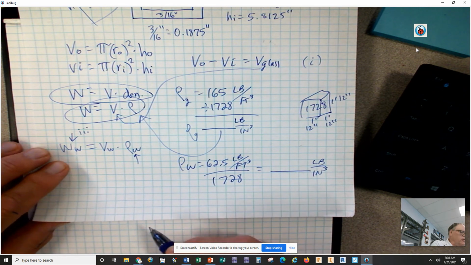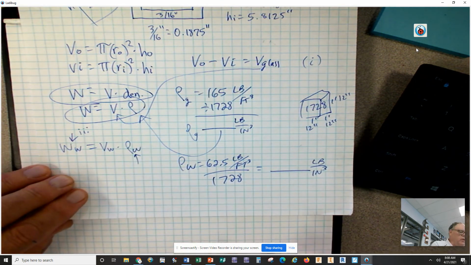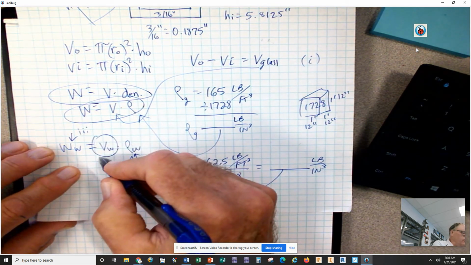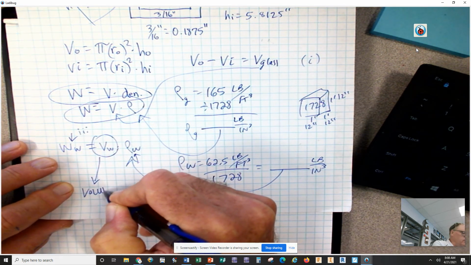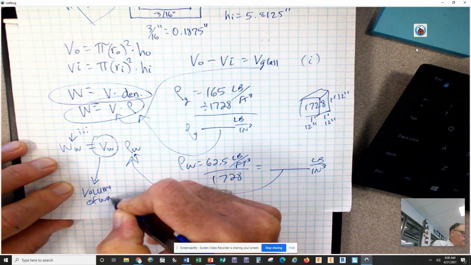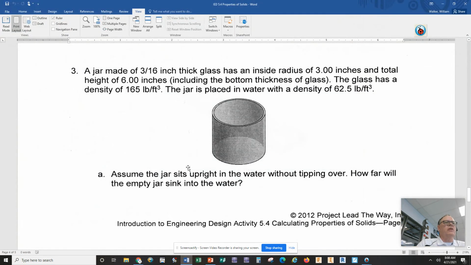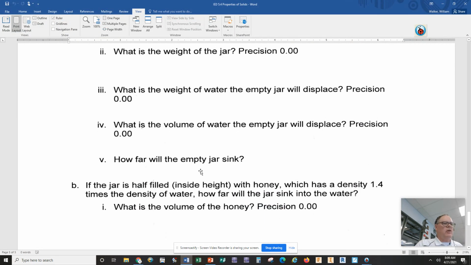So now you take your weight from problem 3, you take this density that you calculate, and you solve for volume of water. Because the volume of water is going to be more than the volume of the glass because water is less dense, okay?